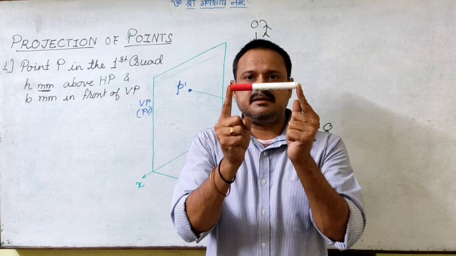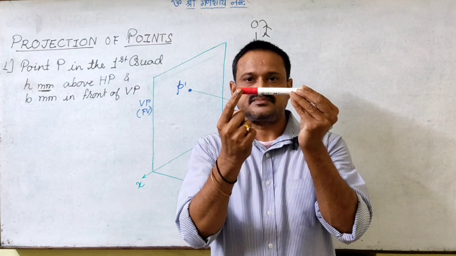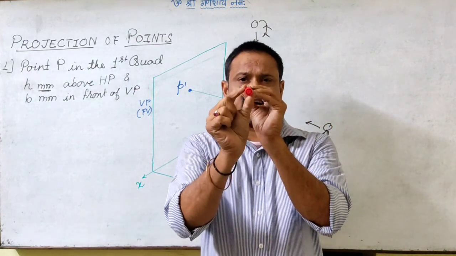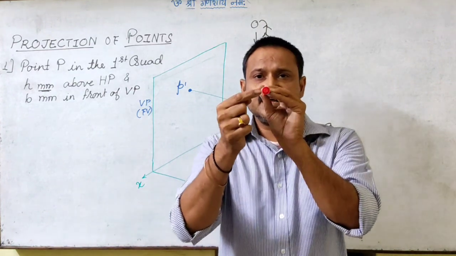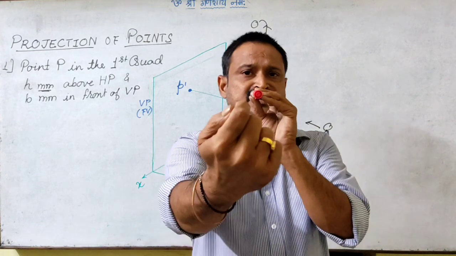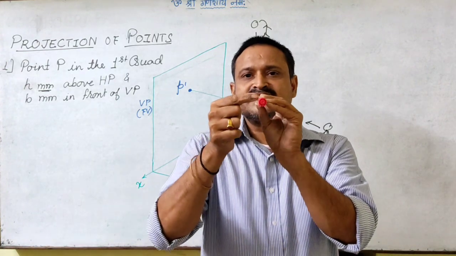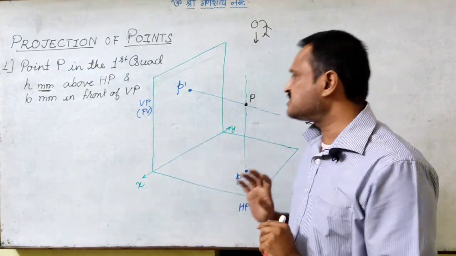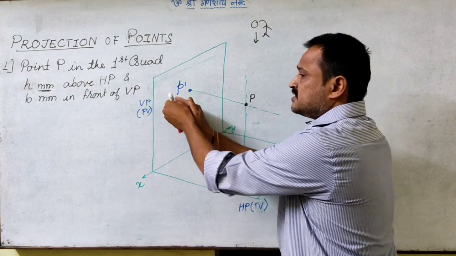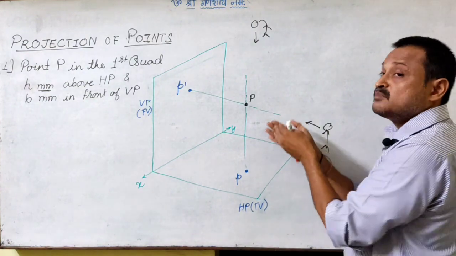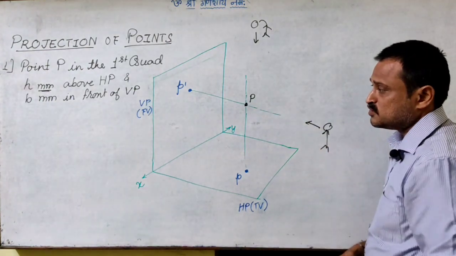Say like this, if I keep the pen this way, you are able to see this length or this dimension, right? But if I keep the pen in this fashion, you won't be able to see what is the length of this line. Why? Because this dimension length is getting parallel to your vision. So you are not able to see the dimension L in this case. Similar thing will be here. When we are looking at it from the front, we are getting the front view on the vertical plane, and we will be able to see its height, that is the distance of the point from the horizontal plane.